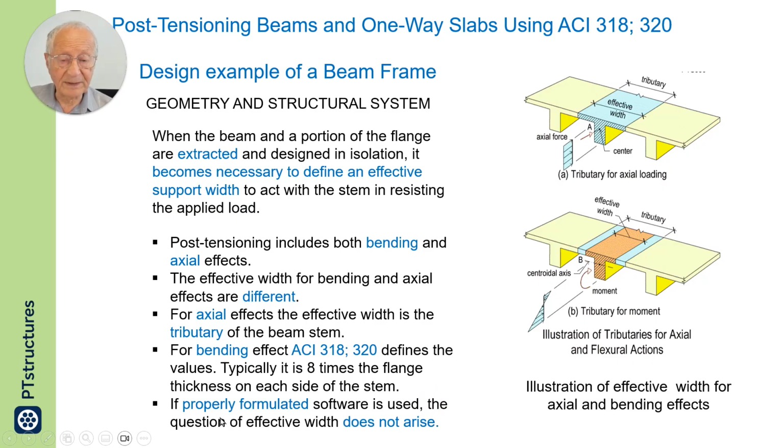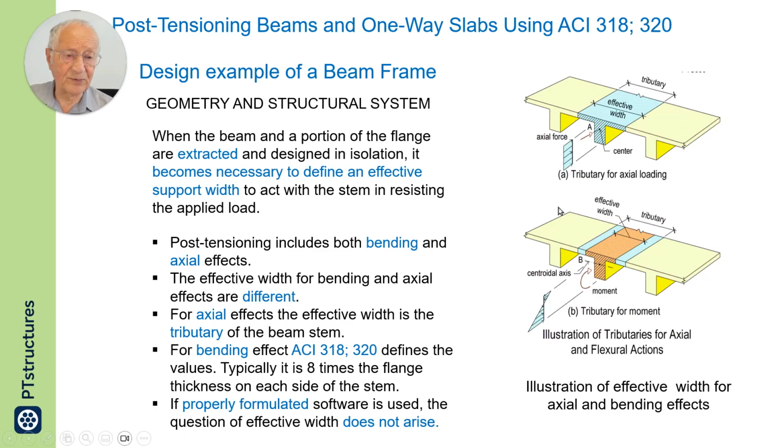If properly formulated software is used, the question of effective width does not arise. This is important. I want to repeat it. Whatever I have shown on the top right in the image is because we are going to extract a representative section of the assembly and design it in isolation using a plane frame for analysis.